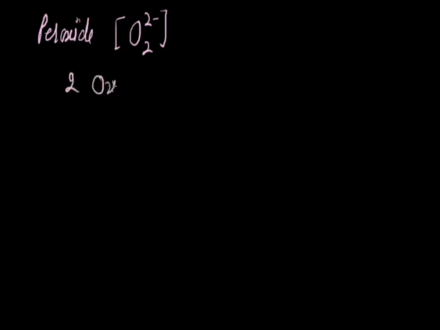And in case of peroxide, we discussed before, according to its formula, O2 2 minus, it contains two oxygen atoms and the charge is equal to minus 2.